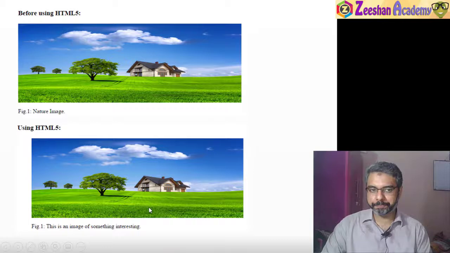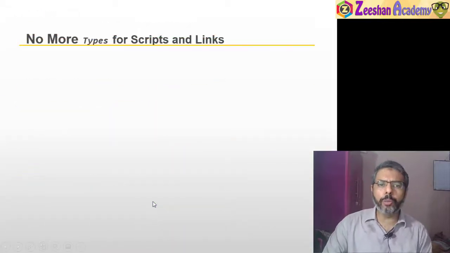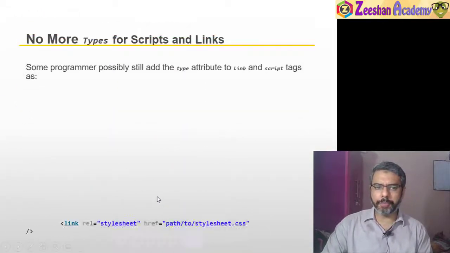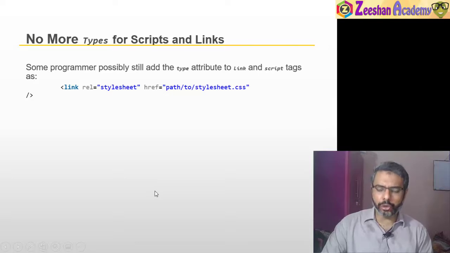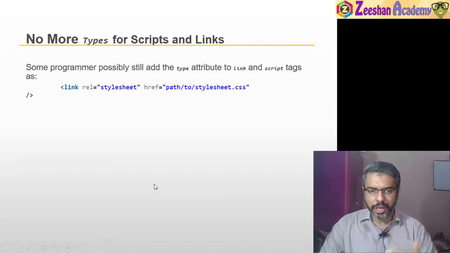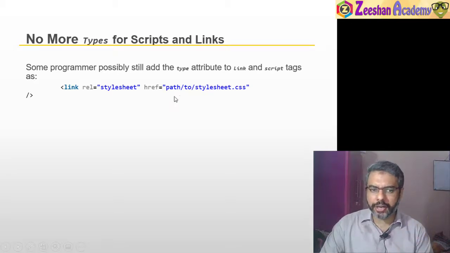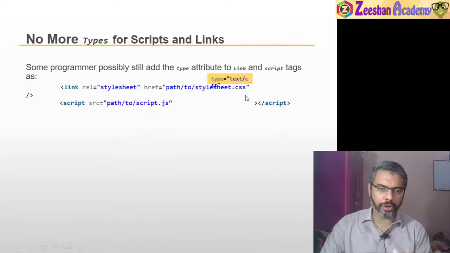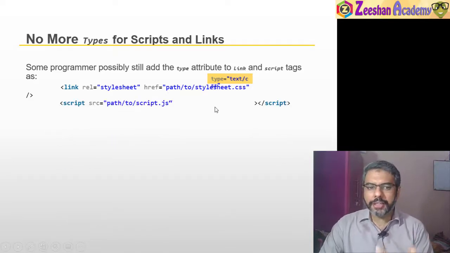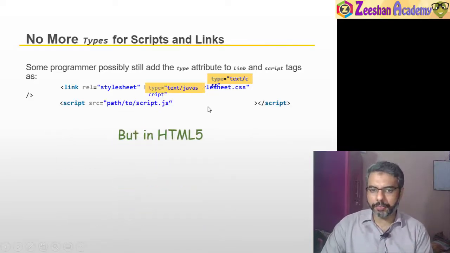Similarly, no more types for scripts and links. Previously, this is something that we always told our students, that whenever you use a link tag, we use rel stylesheet and we use href along with something called type equals text/css, or type equals JavaScript. This was something that had to be written everywhere.